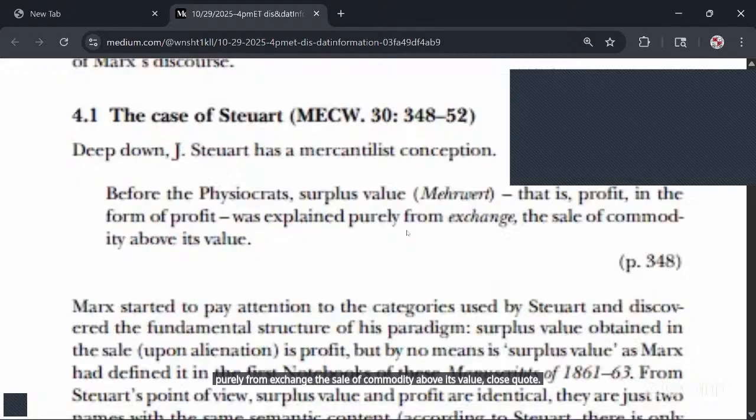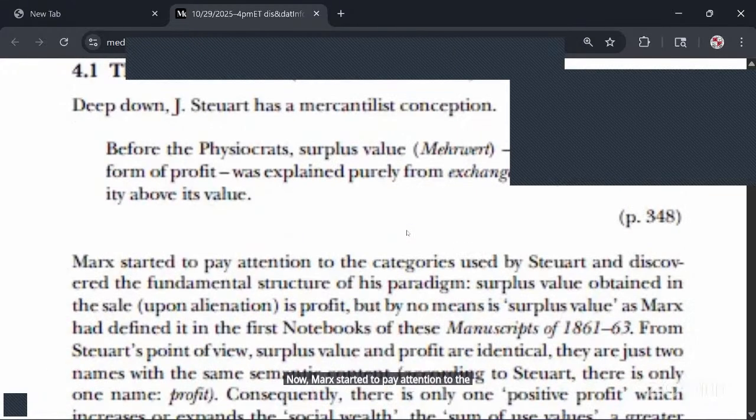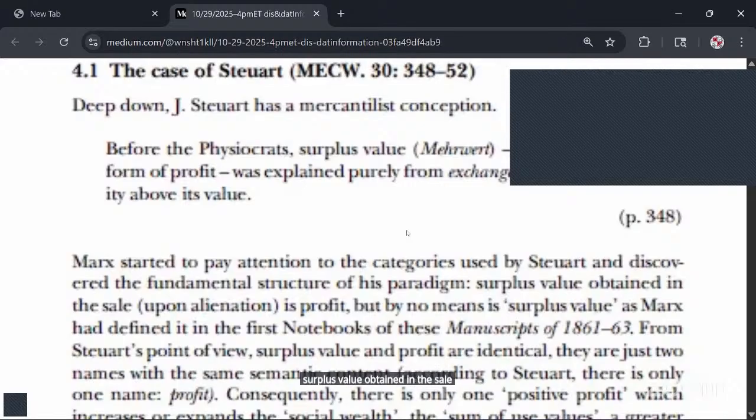Now, Marx started to pay attention to the categories used by Stuart and discovered the fundamental structure of his paradigm. That is, surplus value obtained in the sale upon alienation is profit, but by no means is surplus value, as Marx had defined it in the first notebooks of these manuscripts of 1861 to 63.